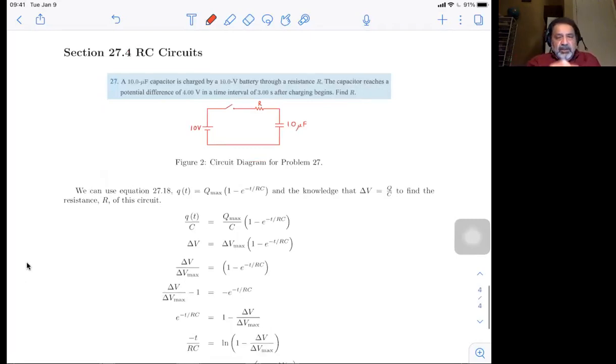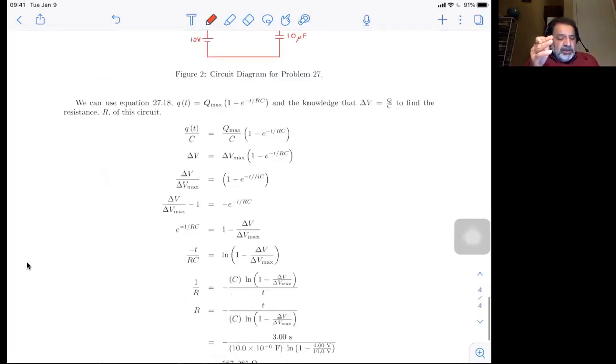So now this is just algebra. We divide both sides by delta V max. So delta V divided by delta V max is equal to 1 minus e to the minus t divided by RC.